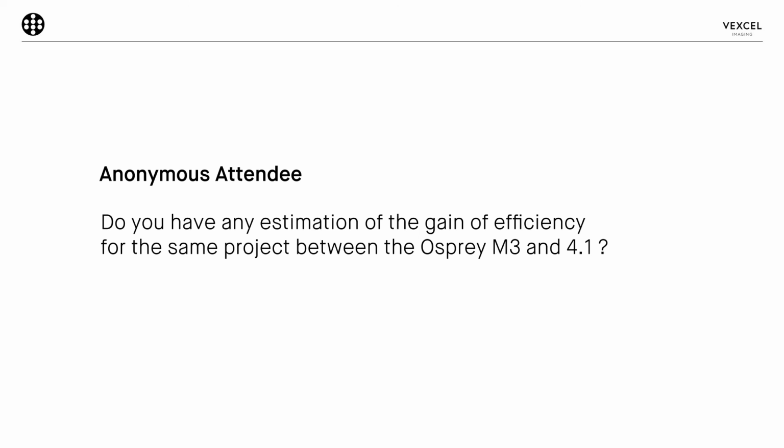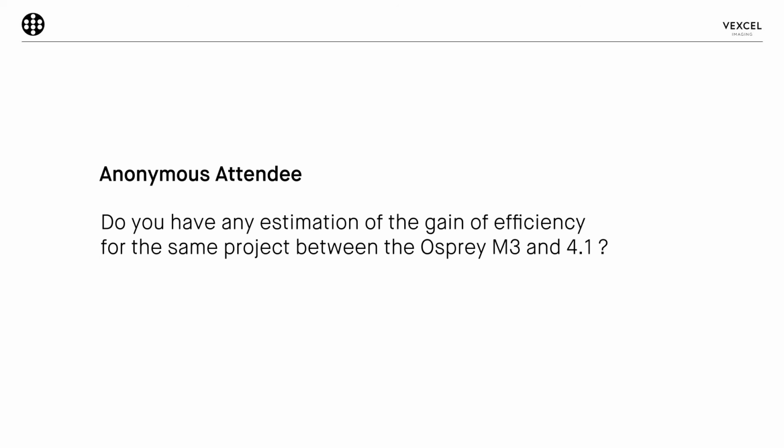So if you can also change your flying platform and utilize faster planes, then you can gain double the efficiency compared to the Mark III, because the Osprey 4.1 has not only a 40% wider strip, it also has a collection rate of 0.7 second, which is more than double as fast as the Mark III.